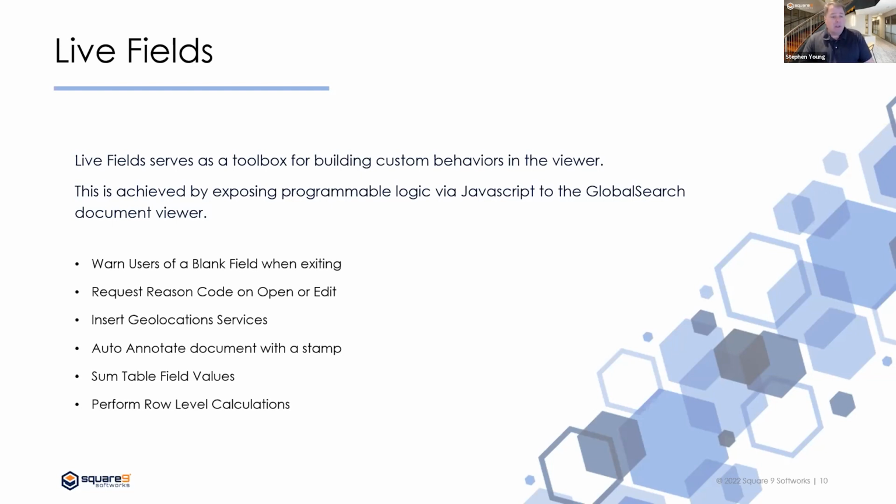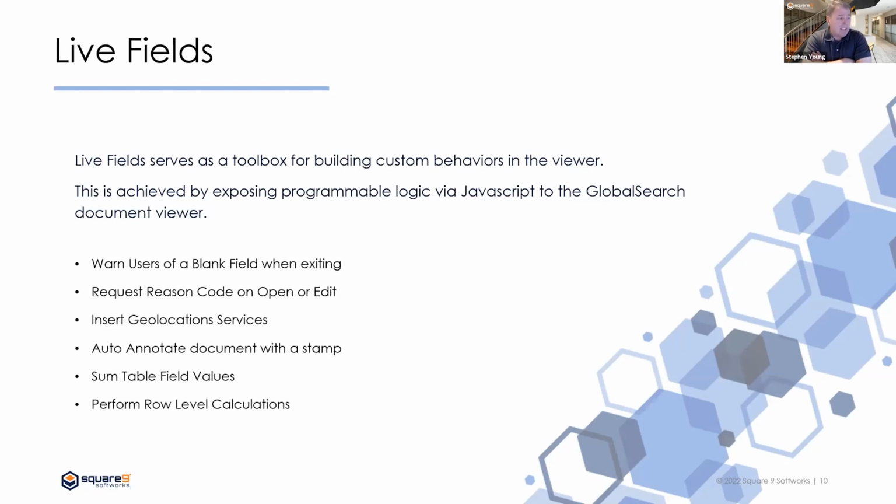So say, for example, you wanted to warn a user if they're about to leave the document and there's a blank field. It will send a custom message saying, hey, before you go. It can request a reason code. So if you're looking at things like CFR Part 11 compliance, where, for example, if a change is made to a document you would need to enter a reason or a reason code for making an edit, it can prompt for that.